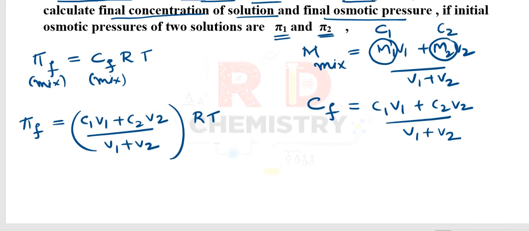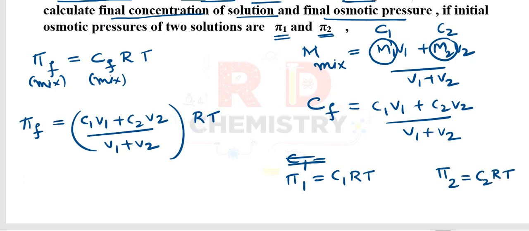For the first solution, we have pi 1 is equal to C1 RT. First solution, individual solution. For the second one, pi 2 is equal to C2 into RT, correct? Therefore, concentration C1 is equal to pi 1 divided by RT. Similarly, concentration C2 is also equal to pi 2 divided by RT, correct?